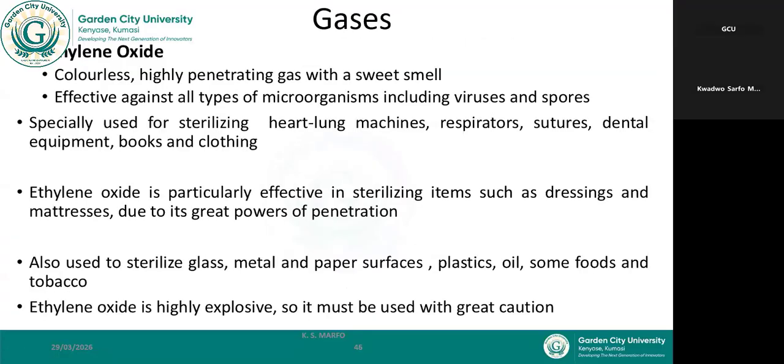Then if you remember, we talked about classification of these disinfectants. So based on consistency, we have gases, we have liquids, we have the solid type or the powdered forms. So for the gases, we have formaldehyde gas, we have ethylene oxide, beta propiolactone, and ethylene oxide is very effective in killing microorganisms, including the spores.